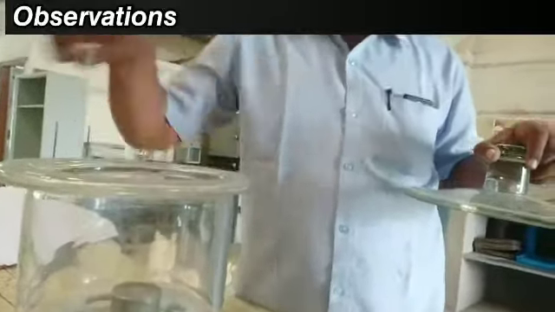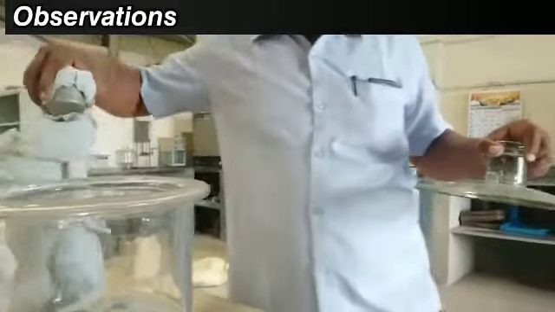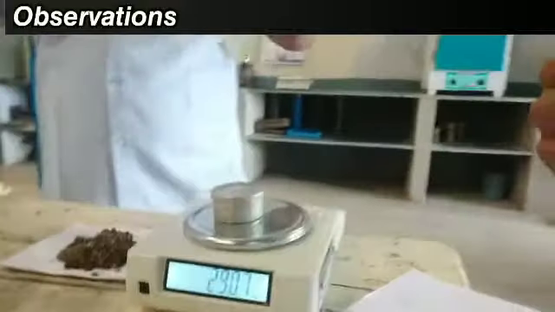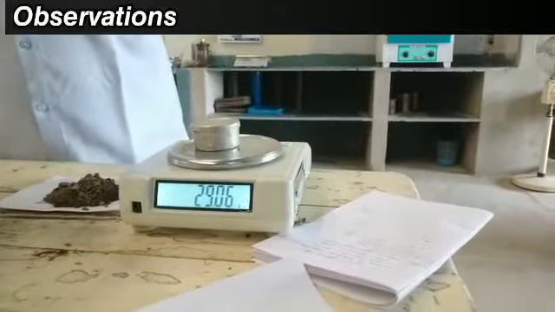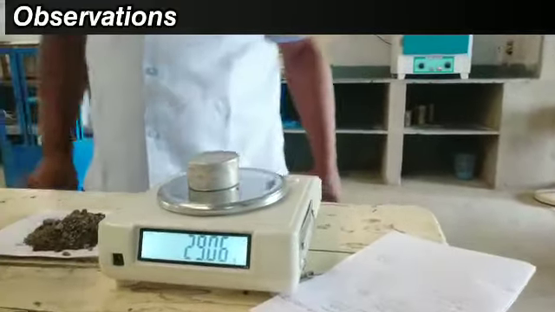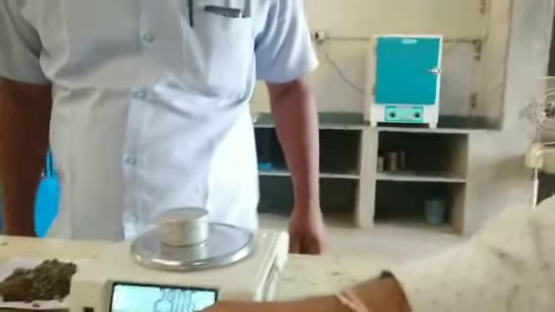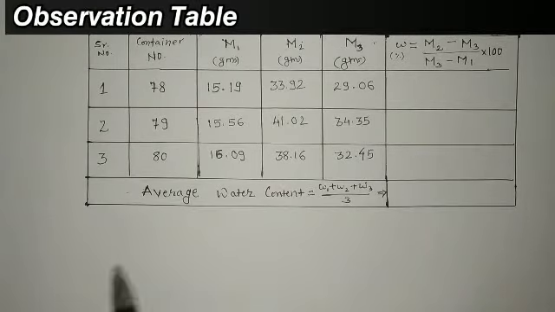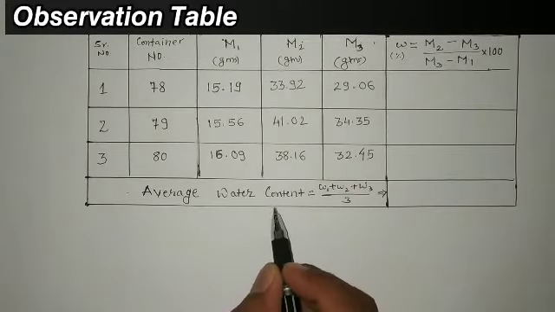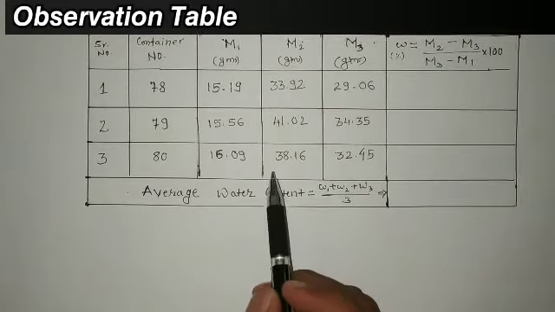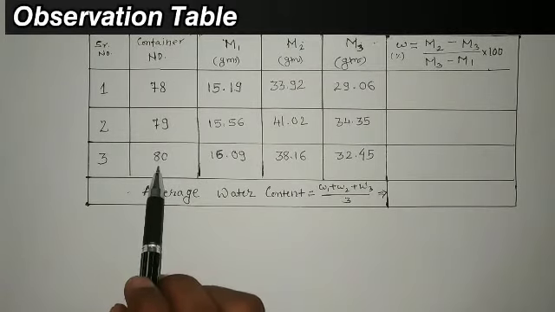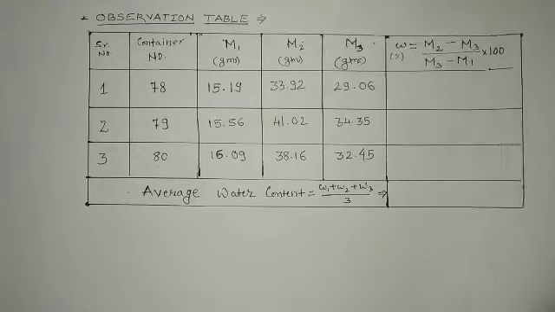Take it out and take the dry weight of the soil sample, which comes out to be nearly 29.06 gram. Record it in the observation table. So this is our complete observation table, which includes the readings of containers 78, 79 and 80.